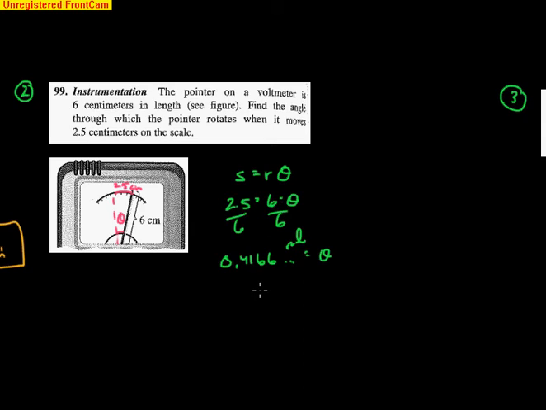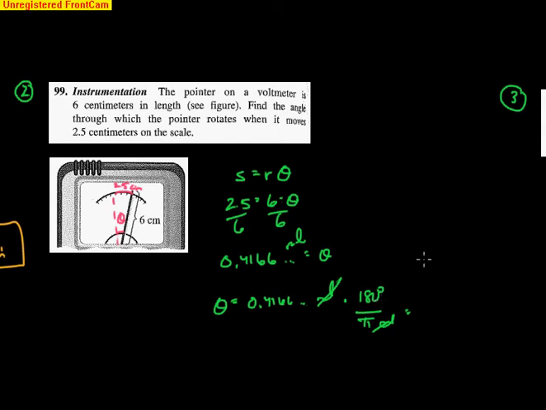Now I want degrees. Okay, so I'm going to keep that in my calculator. So to convert this, I'm going to take theta, which is 0.4166 radians, and multiply it by 180 degrees over pi. Because pi is in radians, the radians cancel. And now I take that number, times it by 180, and divide it by pi.